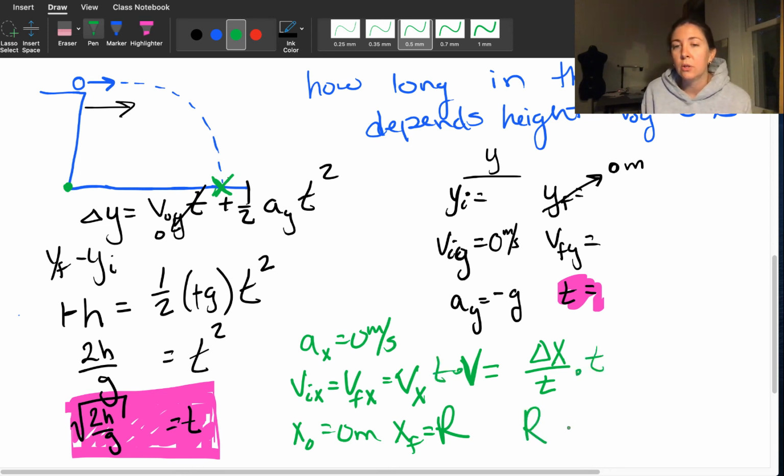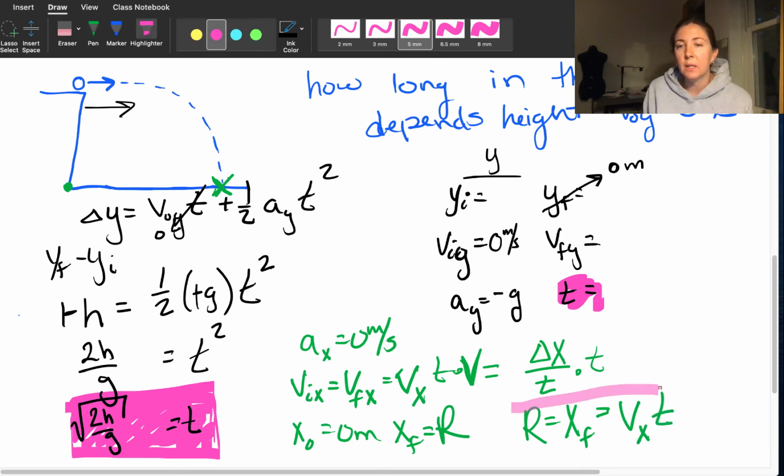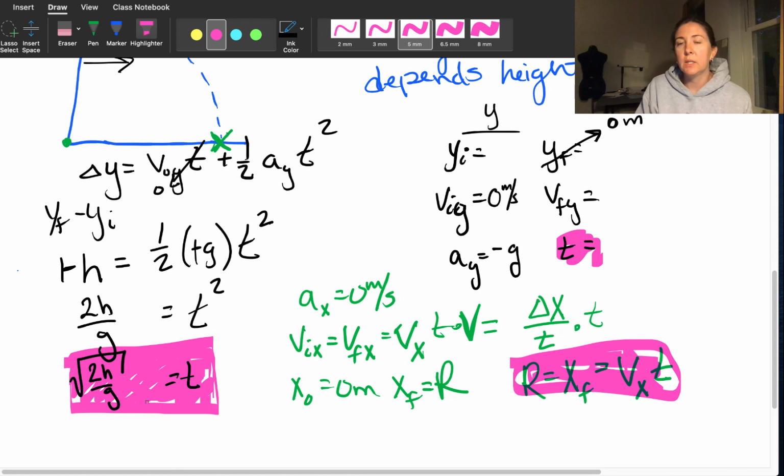So the range, which equals the final position, is going to be equal to the velocity in the x direction multiplied by the time. You can then take the equation from the y over here and plug it into this equation.